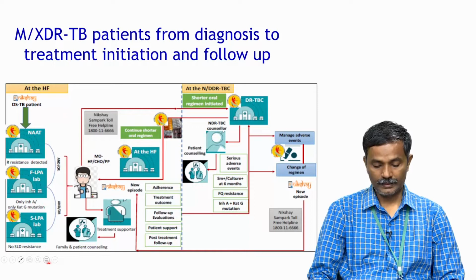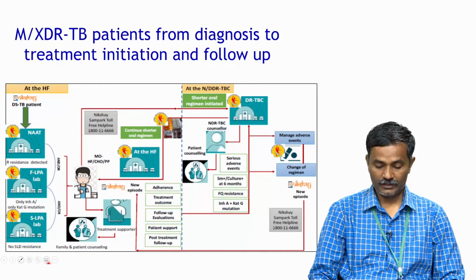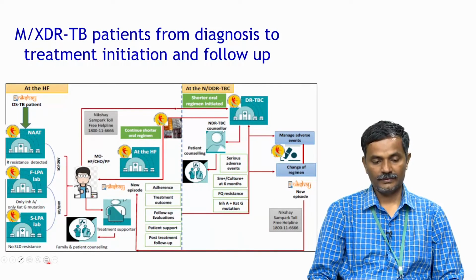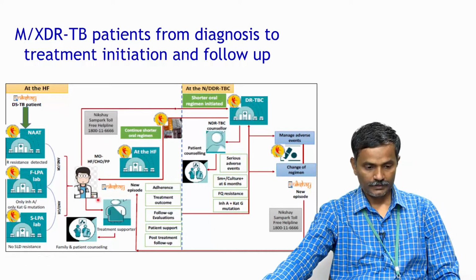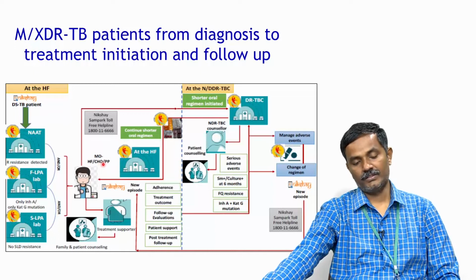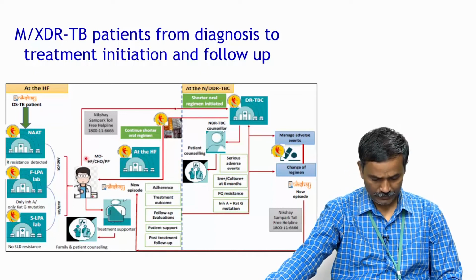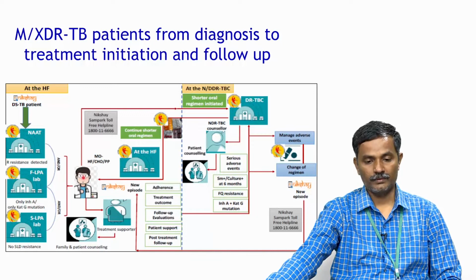If it is diagnosed as DSTB, it is managed at the primary health facility by community health officers or private practitioners. They themselves can manage drug-sensitive TB.